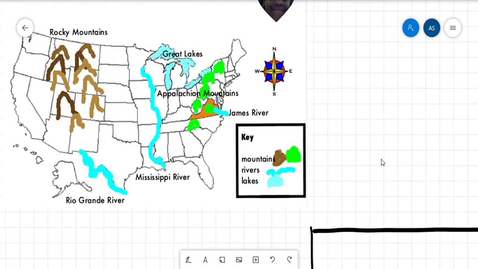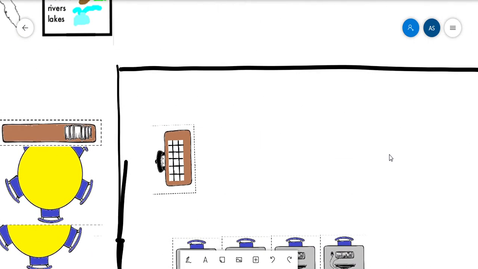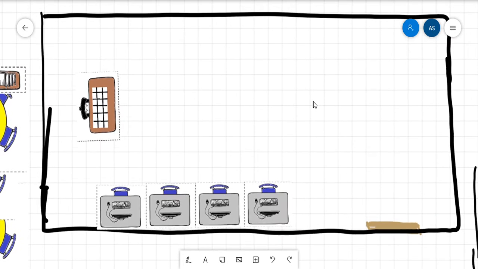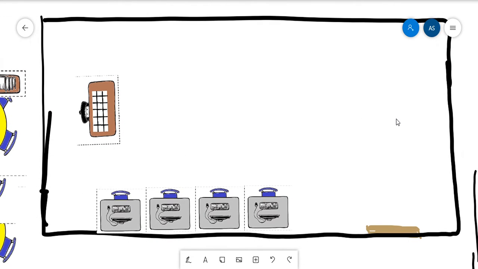Okay, and in our activity in our social studies book, you're supposed to make a map of our classroom, and you're going to be drawing your desk or table and the bookshelf. So Miss Simons has a little example here. This square box is going to represent our classroom.